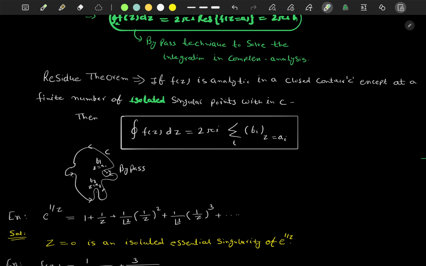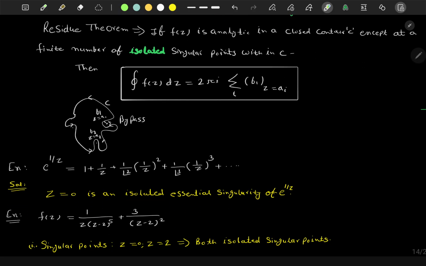Then the complex integration of the function will be 2 pi iota times the sum of the residues around those finite points: b1 around a1 plus b1 around a2, and thus it will go on. a1, a2 are the points about which the function is not analytic.